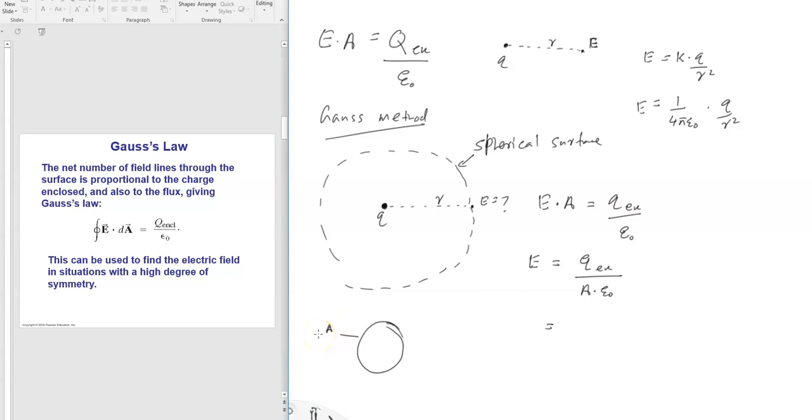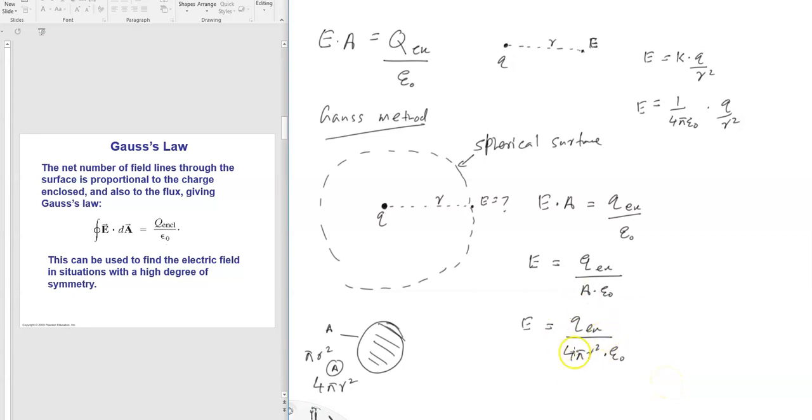The 3D area. If it is a circle, the area is, we all know, pi r squared. But in 3 dimensions, for a solid sphere, what's the surface area? It's 4 pi r squared. Right? That's the area. So E equals Q enclosed over 4 pi r squared epsilon naught.